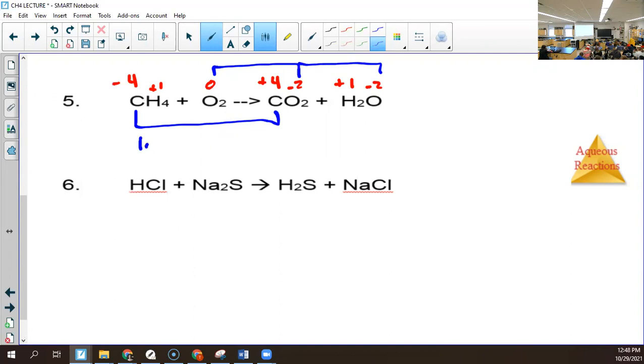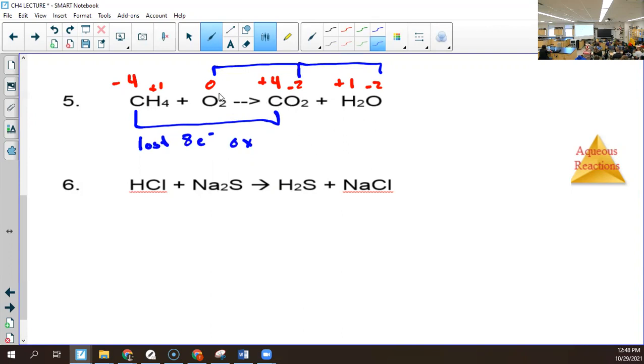Definitely lost. It lost 8 electrons, in fact. Oxygen oxidized it. So this, as written, is the way nature would do this. This is what heated the water that you took a bath or shower in today. This reaction, unless you have propane at your house.